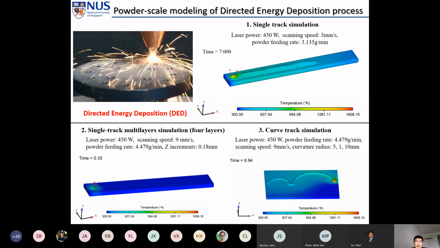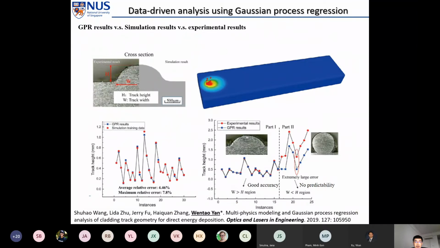simulation. So instead of running a new simulation for new parameter sets, we use the available simulation results and then use a Gaussian process regression model to build a surrogate model. Then for the new parameter set, we just use the Gaussian process regression model to predict the track dimensions.